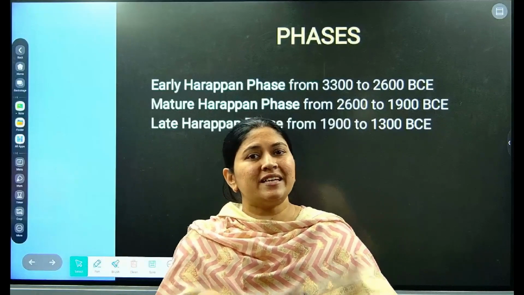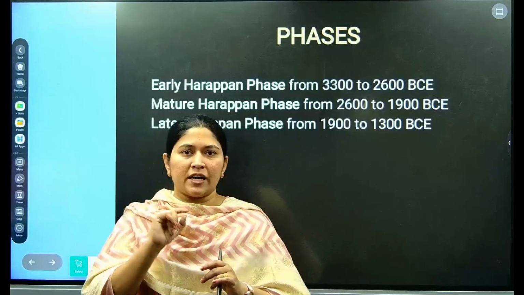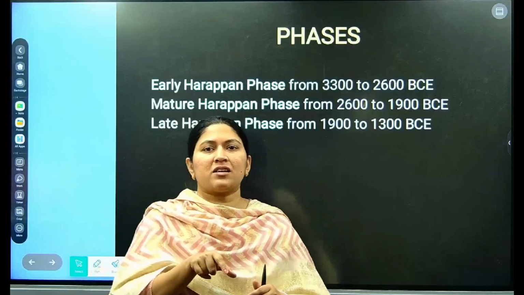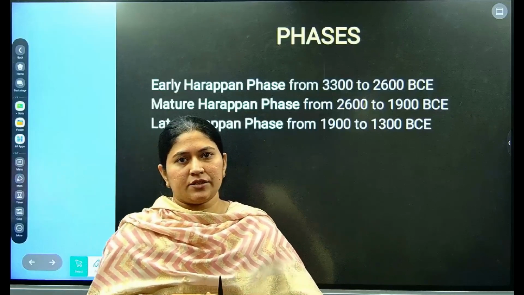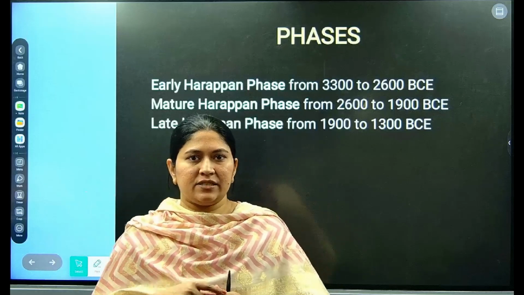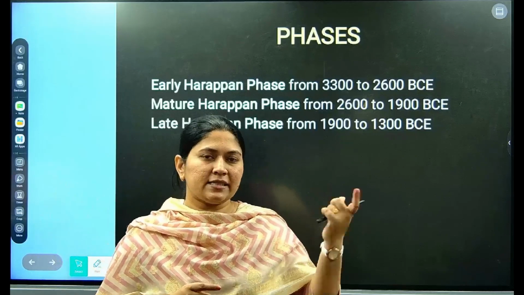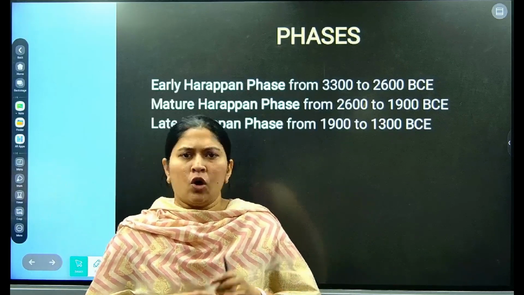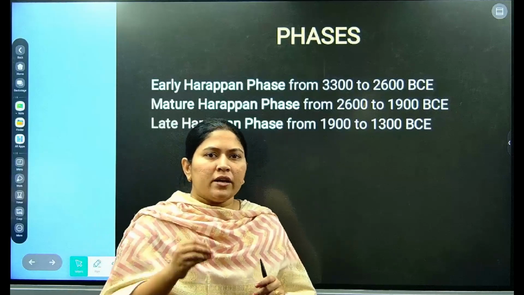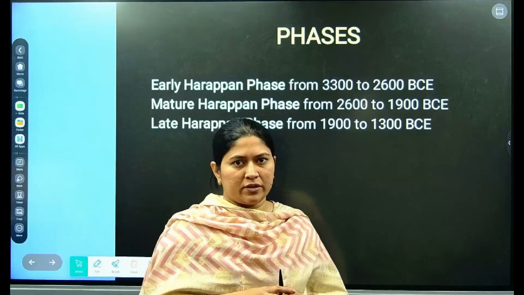Now, there are recent debates going on that the Harappan civilization shouldn't be called Harappan, but should be remarked as the Saraswati civilization. One side is the Indus Valley civilization with the river Indus, and the other is the river Saraswati. Although in present date we say Saraswati is a mythological river and not a real one.